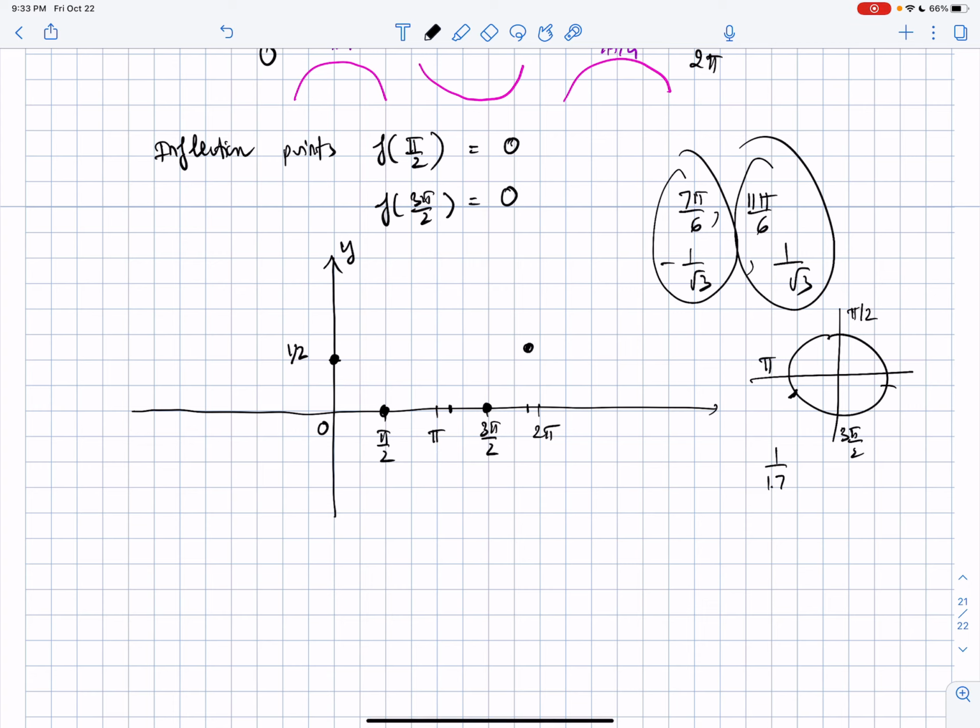It's more than a half, so it's like this. Okay, so let's make the color. So I have this point, this point, this point, this point, and that point, right?